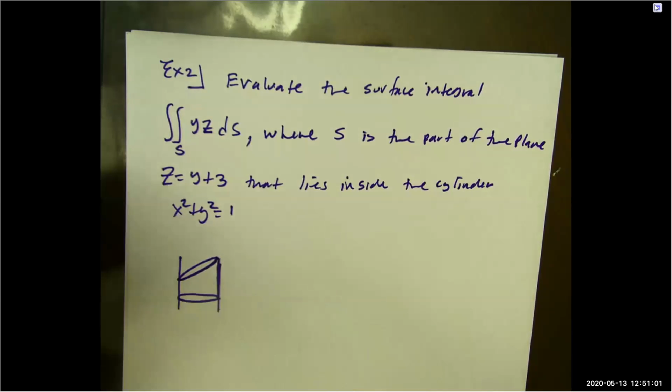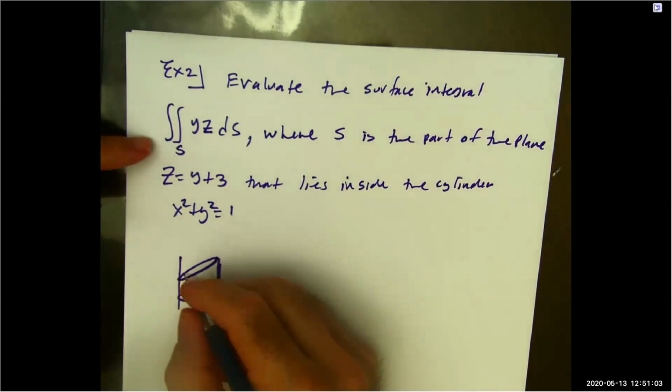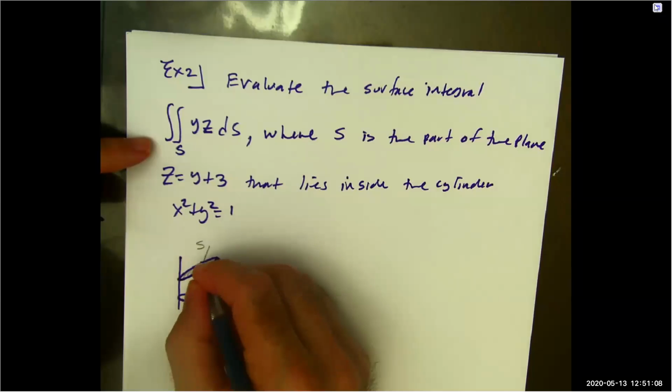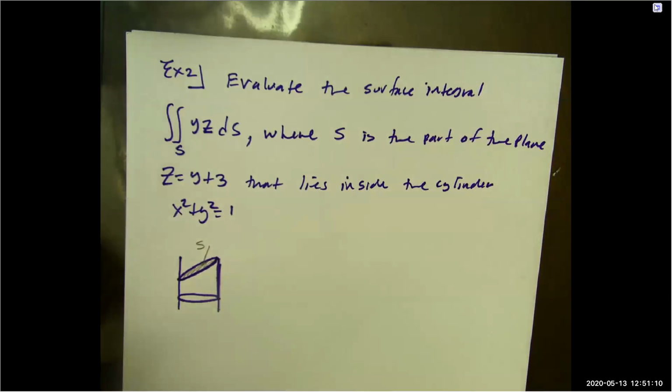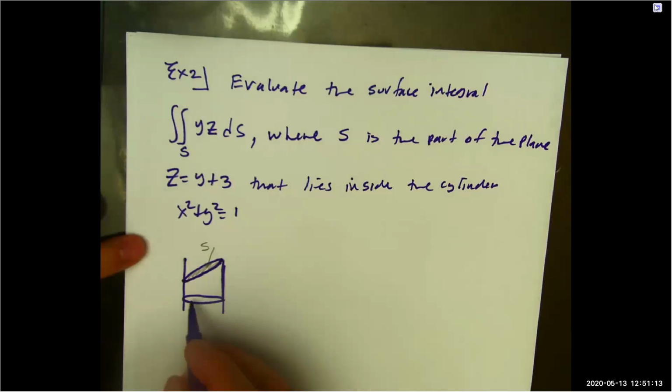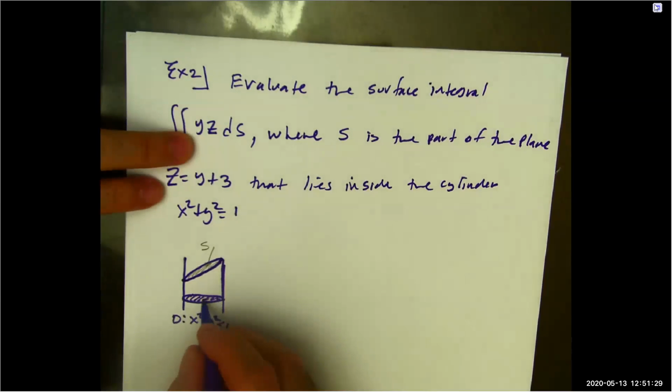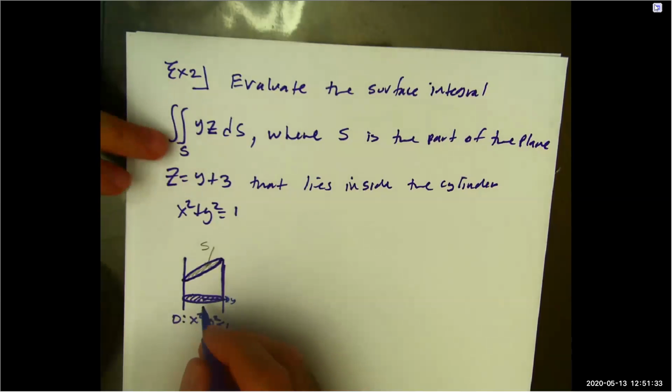In this case, this part is our S in here. That's the part, and then this is going to be over this patch right here. This is D. D is right there, so that's going to be x squared plus y squared less than or equal to 1. And in this case, this would be your y-axis right here, and this would be your x right here.